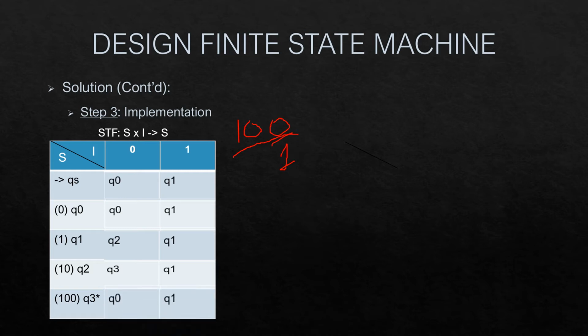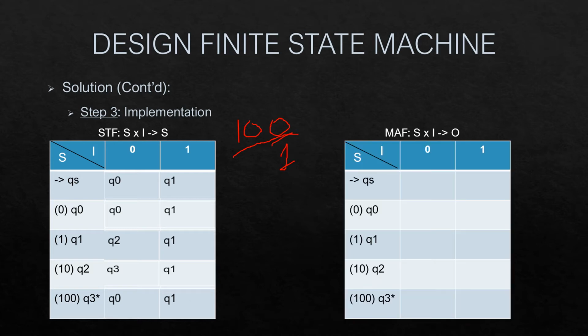So from here we will transit to Q0 and Q1 states respectively. Now wherever Q3 is present, we will mark the output as Y because Q3 is our final state for this FSM. The rest, other than Q3 state, will have N as the output, that is no.